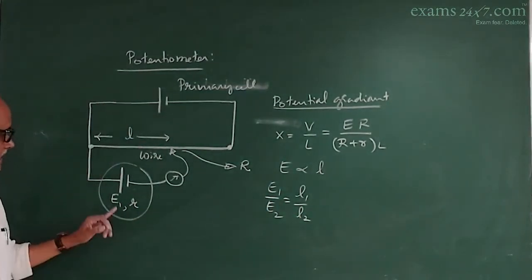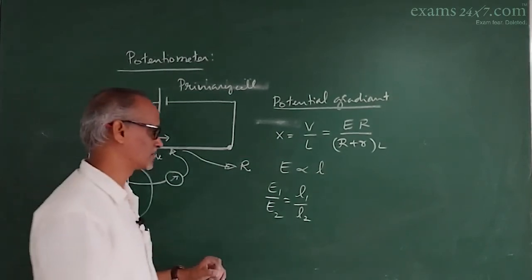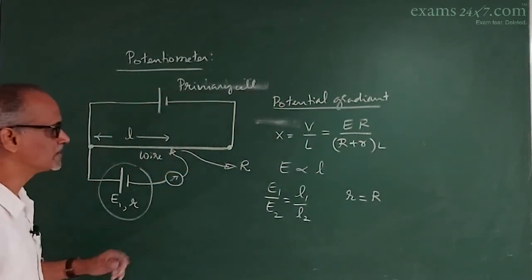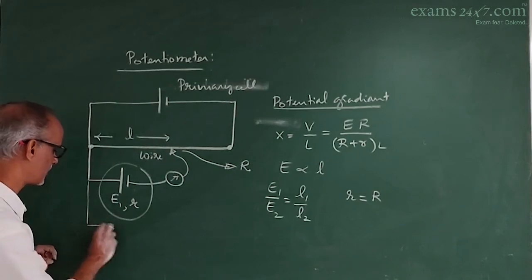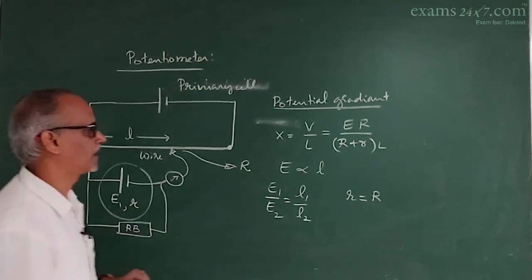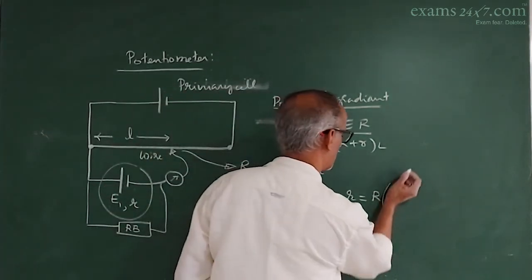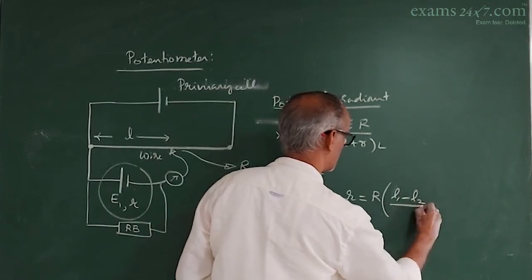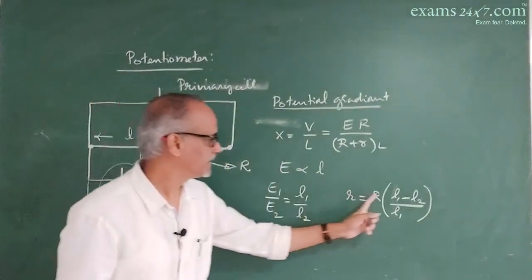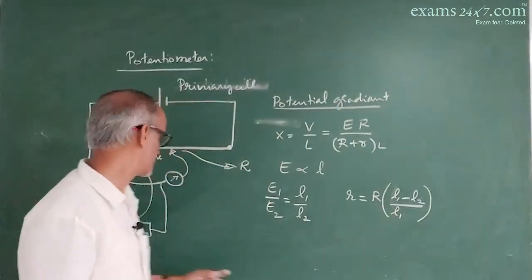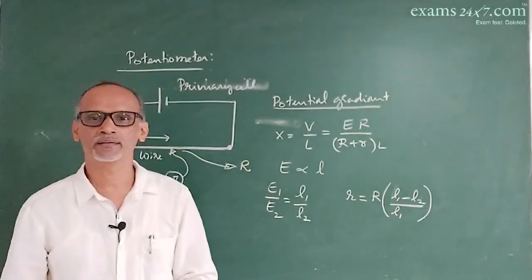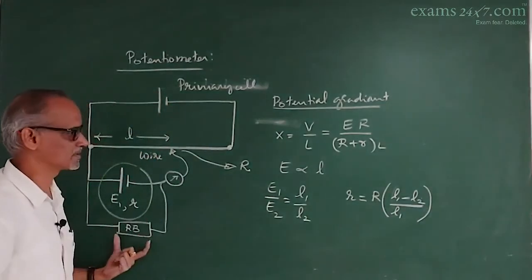We can even measure the internal resistance of the given cell, which is r is equal to R, which is the external resistance to be connected here with the help of a resistance box, R into L1 minus L2 by L2, where L1 is the balancing length when this resistance box is in the open circuit, and L2 is the balancing length when the resistance box is in the closed circuit.